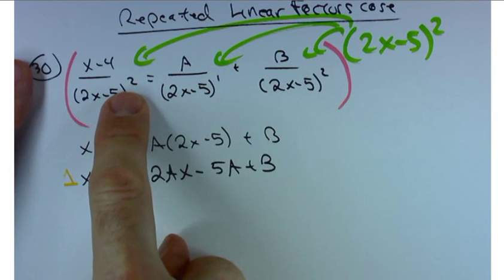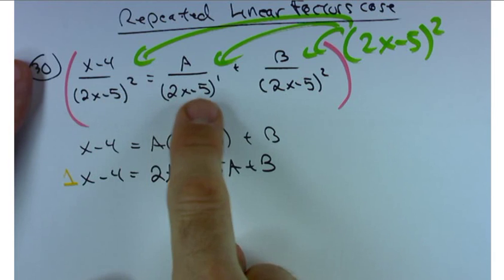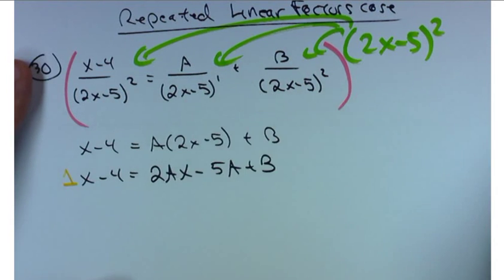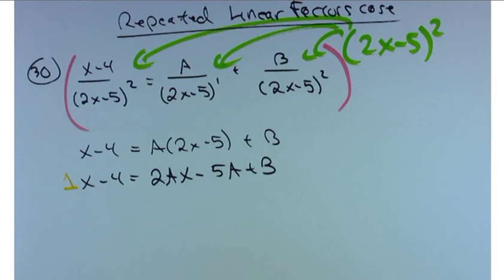So like I said, if this was a 4, I'd add this to the first power, second power, third power, and then fourth power. You have to have one of each. Now, it can and often does turn out that some of these are 0, and that's okay. But you have to account for each degree in increasing order.